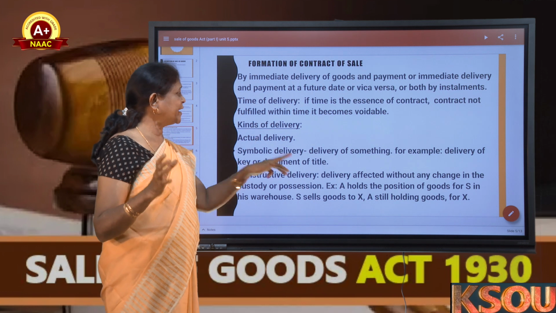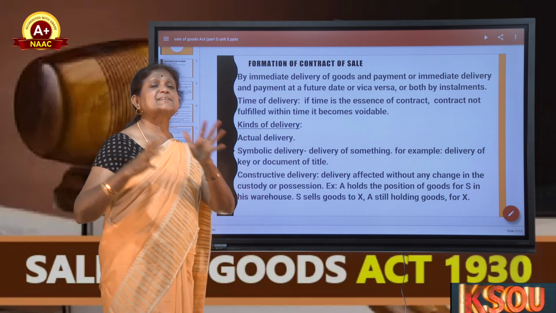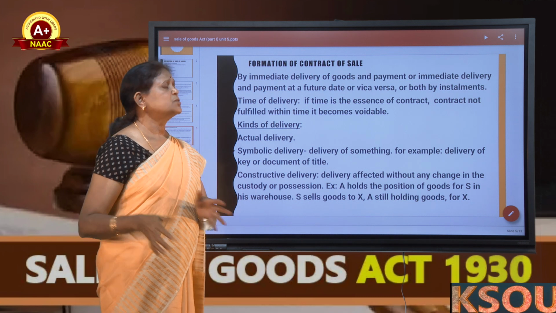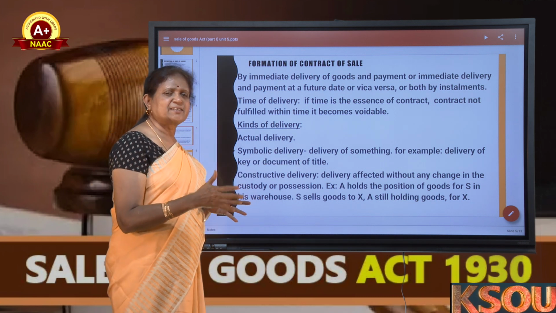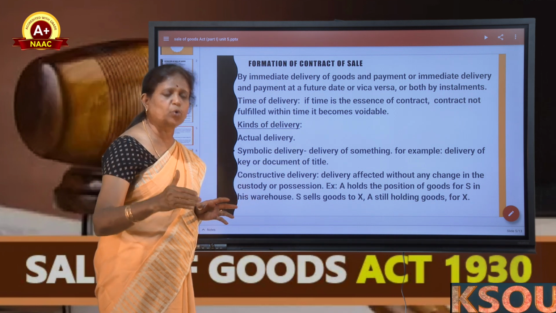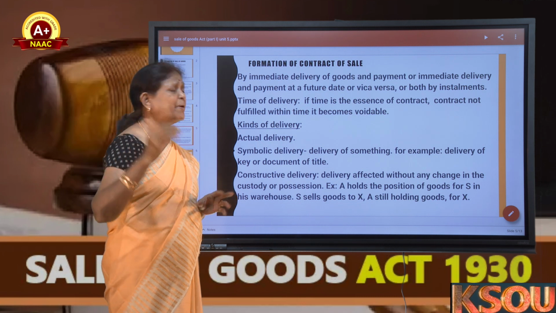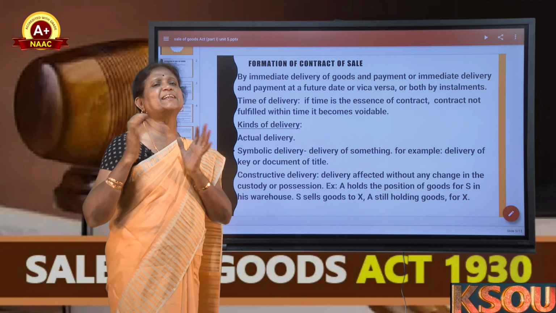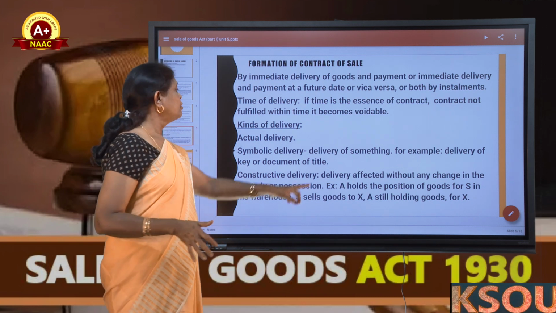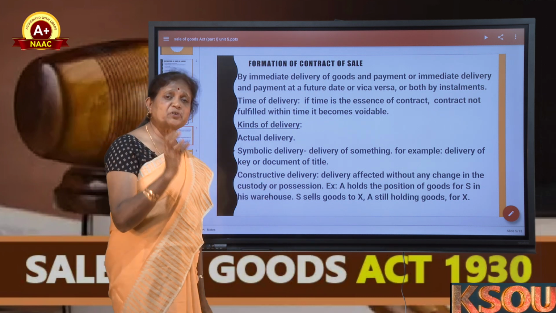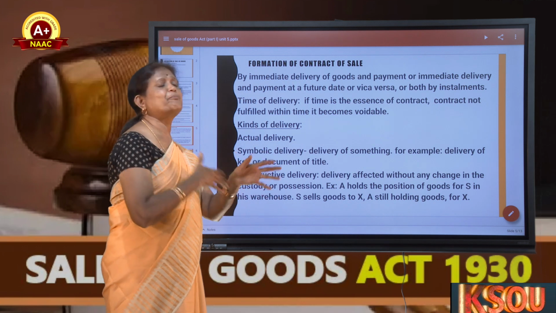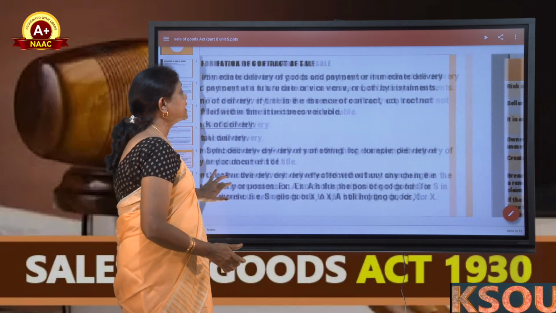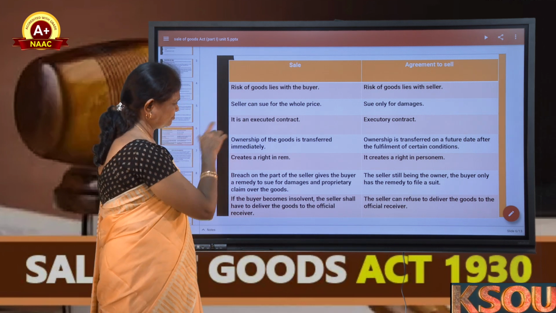Some goods belonging to S were in the possession of A in his godown. So A sells those goods to X, but the goods are still lying in that godown. So without disturbing the possession of the goods, transfer of property can take place. That is called constructive delivery.